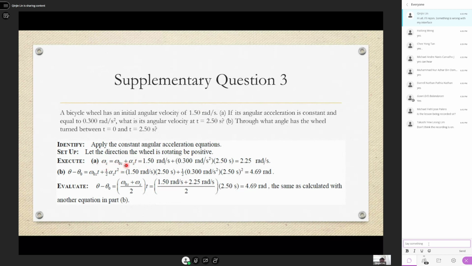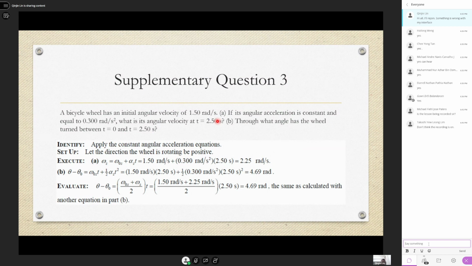The equivalent equation is v equals u plus at, but in angular form. Initial angular velocity is given, angular acceleration is given, time is given. So if you go and do this, you'll be able to find the angular velocity at 2.5 seconds.